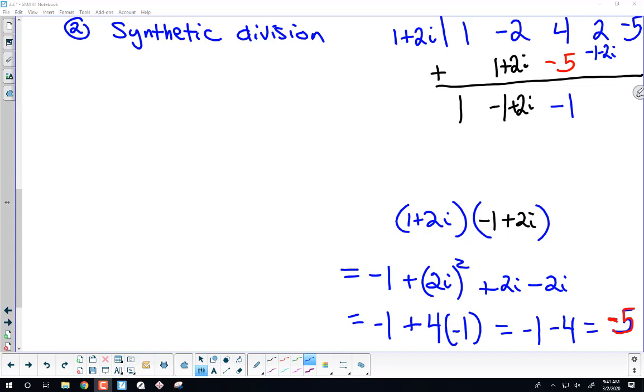Okay, so what is 2 plus -1 minus 2i? One minus 2i. Again, we have a 1 minus 2i. We're combining the 2 and the minus 1 for a positive 1, and we have our negative 2i.